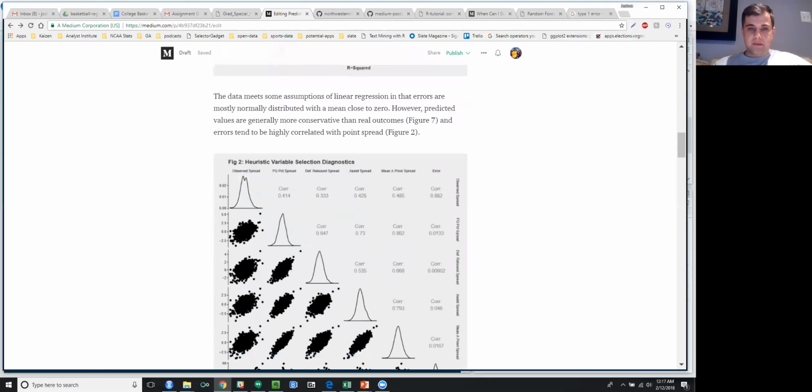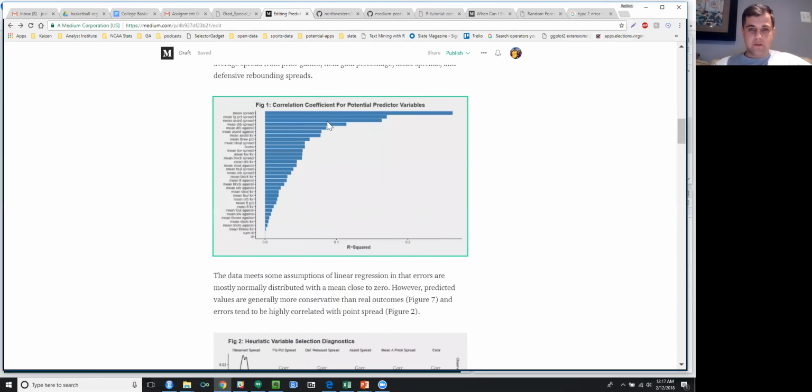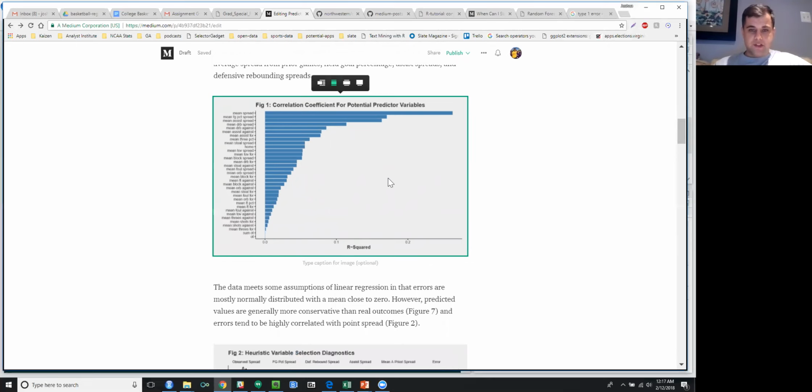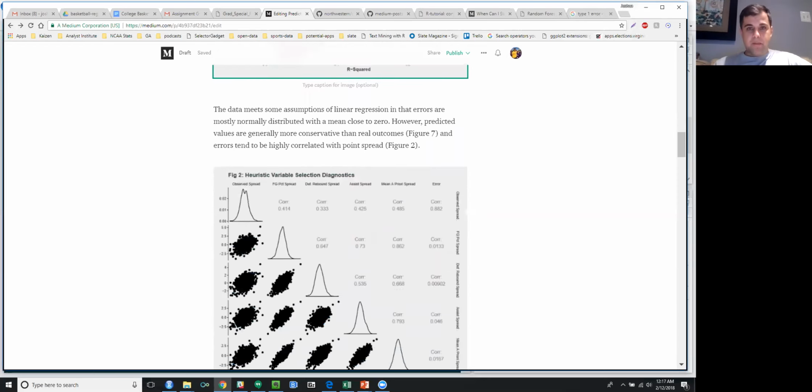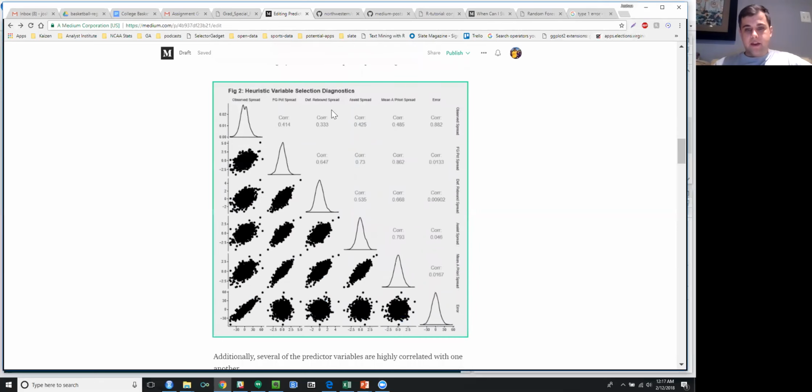So I used the 4 predictors that show more than a 0.1 R squared correlation with actual observed point spread. And those were average point spread prior to the game, average field goal percentage spread prior to the game, average assist spread prior to the game, and average defensive rebound spread prior to the game. And that model turned out to be pretty bad.